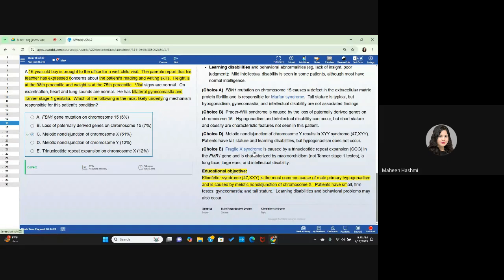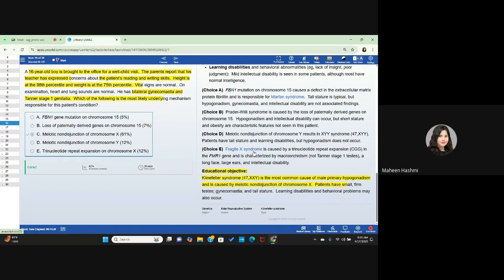What do you see in Fragile X? Macro, everything is increased. Long face, macro-orchidism, large testes. In Fragile X there's intellectual disability, long nucleotide repeats, and a folate-deficient medium, and a part of the X chromosome may break off.